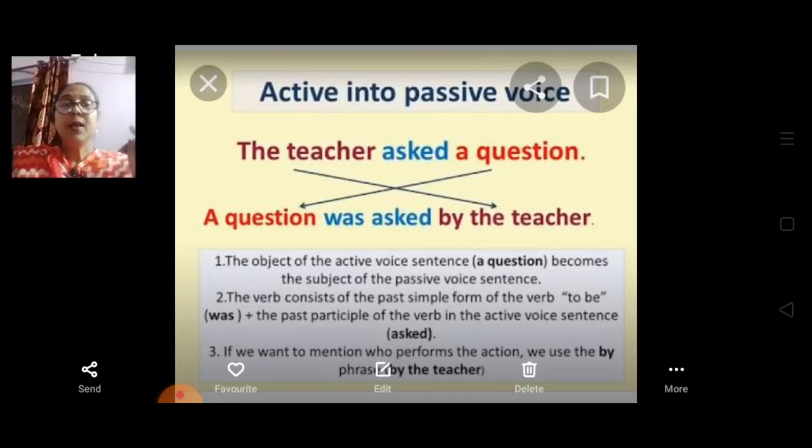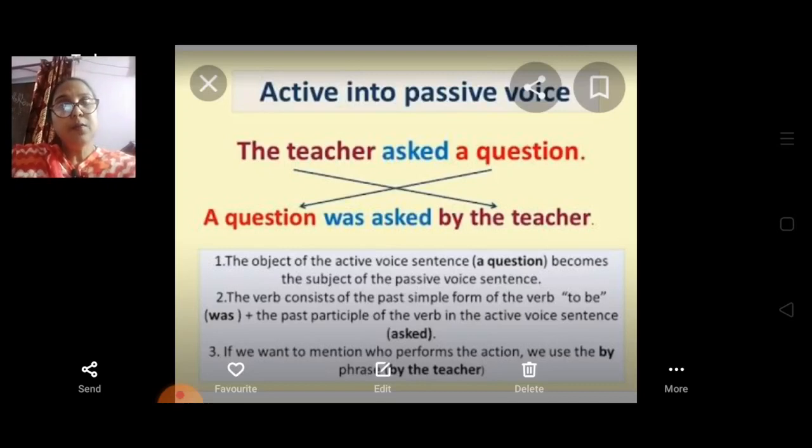The verb consists of the past simple form of the verb to be, was, plus the past participle of the verb in the active voice sentence, asked. If we want to mention who performs the action, we use the by phrase, by the teacher. So these are the rules you should always keep in mind.